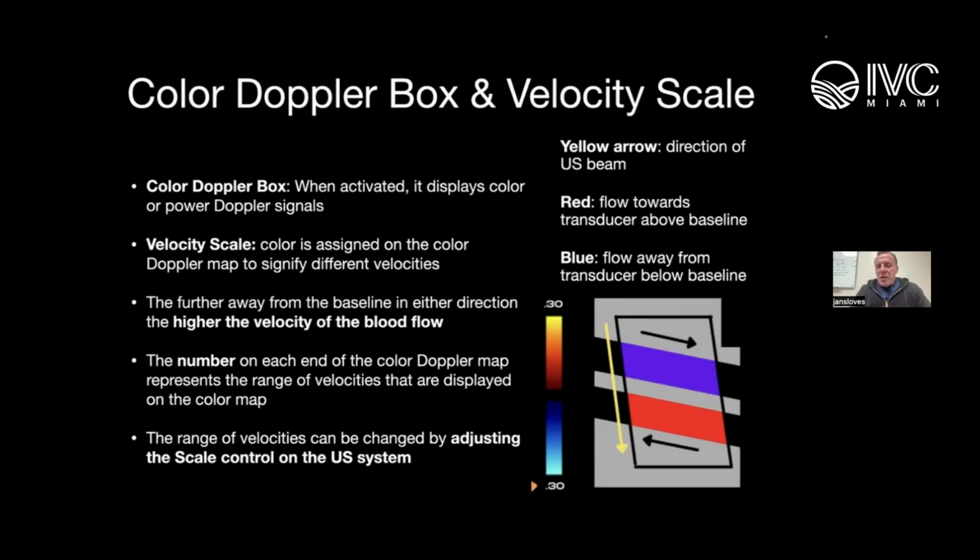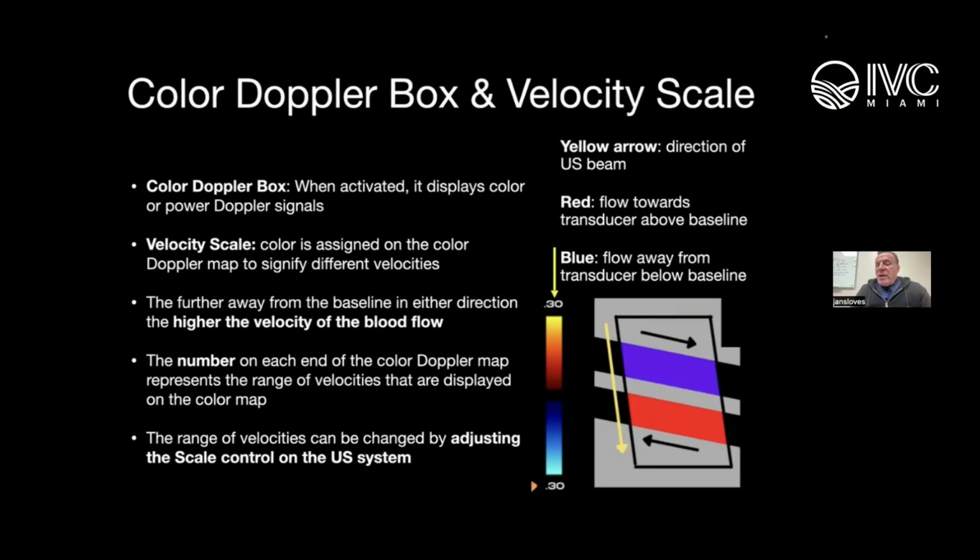The number that we see here, the scale is set at 30, right? So each end of the color bar is going to display this number. This represents a range of velocities displayed on the color map. The range of the velocities can be changed by adjusting the scale control on your system.